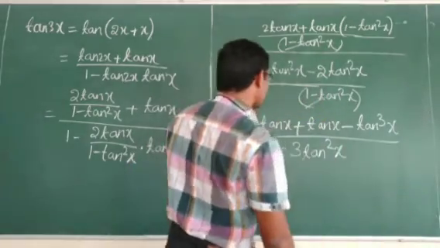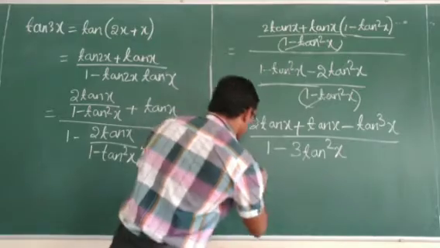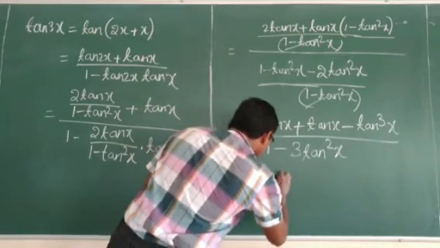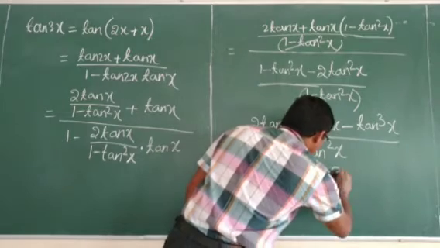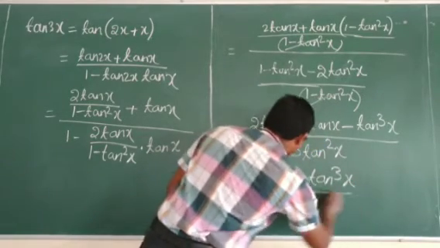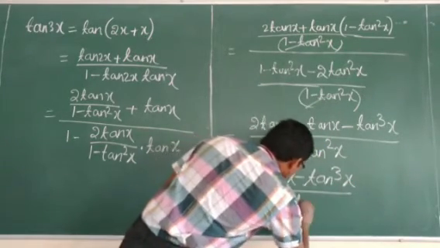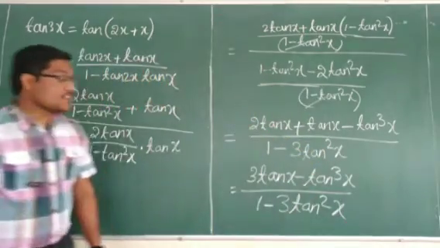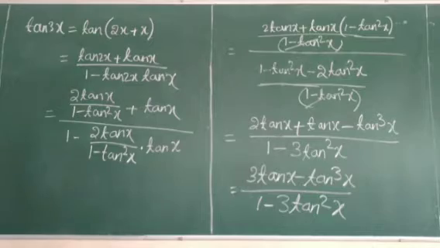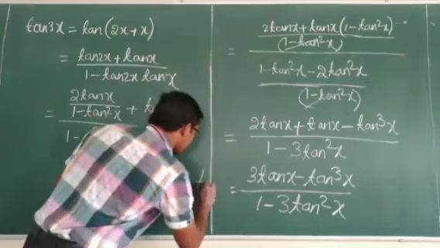So that is equal to 2 tan x plus tan x, that is 3 tan x minus tan cube x by 1 minus 3 tan square x. So this is the proof for tan 3x.